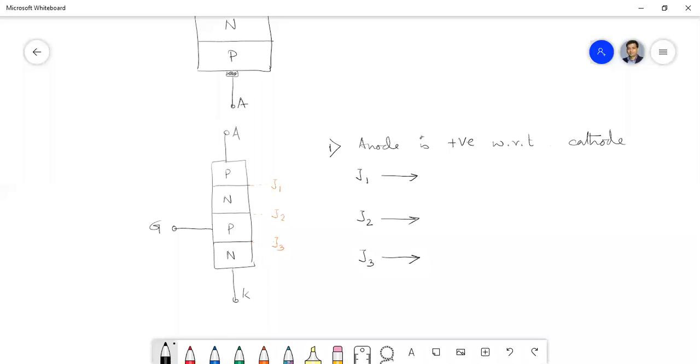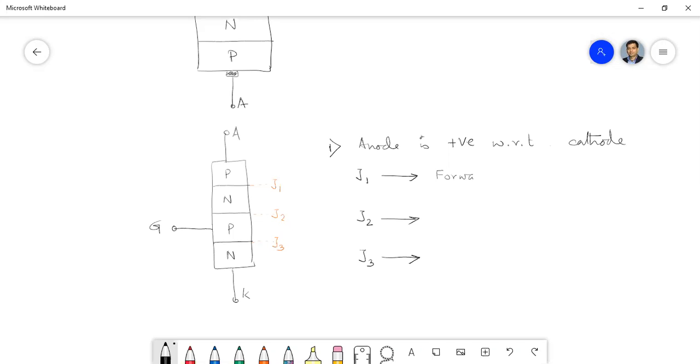Anybody want to say something on this? J1 forward bias, J3 forward bias, J2 reverse bias. Why is J1 forward bias? In the J1 junction, P is getting positive, and in the J3 junction, NP is also getting negative.